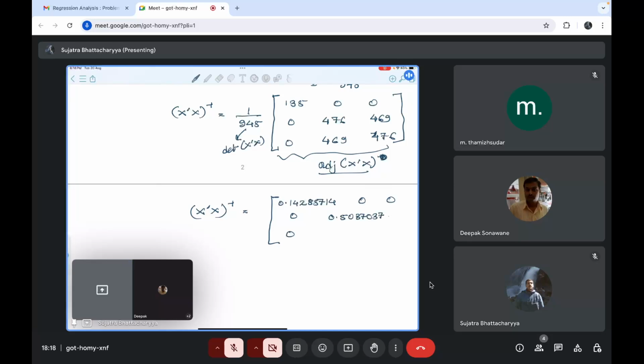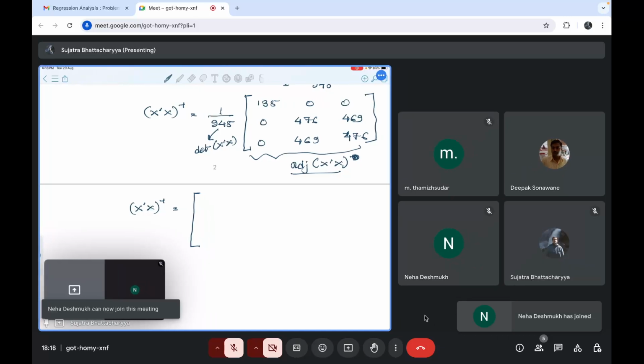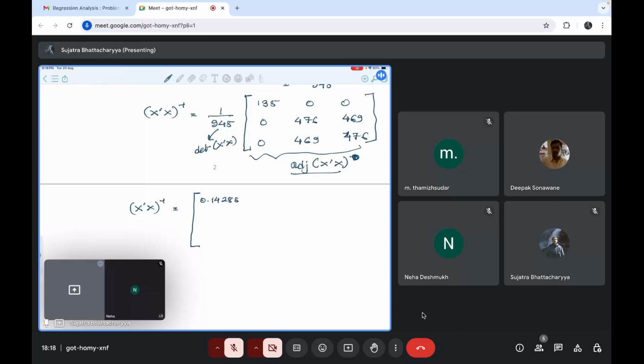0.5037037. Okay, so this is x prime x inverse. x prime x inverse is 0.14285714. This is 0, this is 0, this is also 0, and it will be 0.503737.